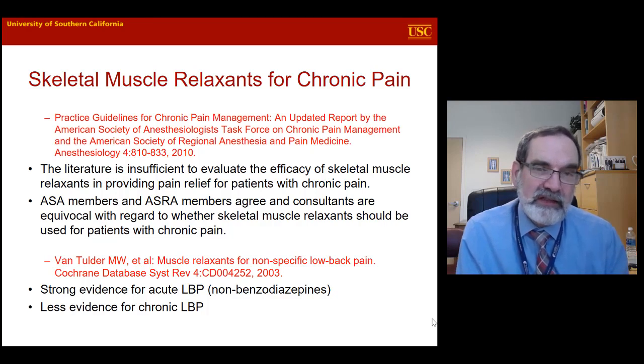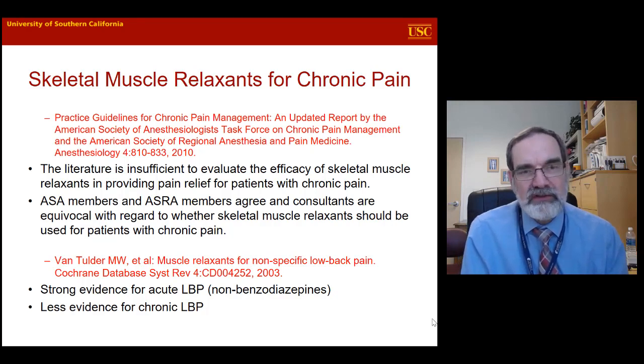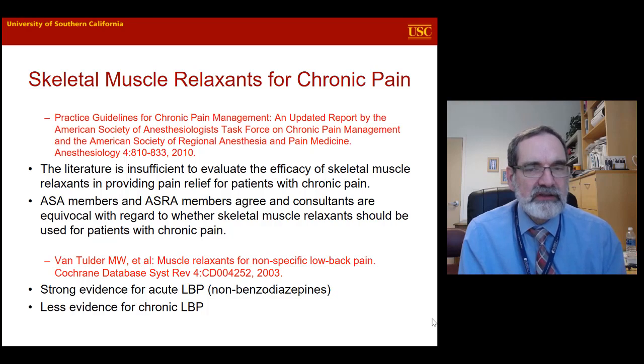Nevertheless, the American Society of Anesthesiologists and the American Society of Regional Anesthesia, the members do agree that there is a role for these muscle relaxants, whereas the consultants were a little bit less sure whether or not these should be used for patients with chronic pain. In the Cochrane database, we do find pretty strong evidence that these are helpful for the treatment of acute low back pain, less evidence for chronic low back pain.